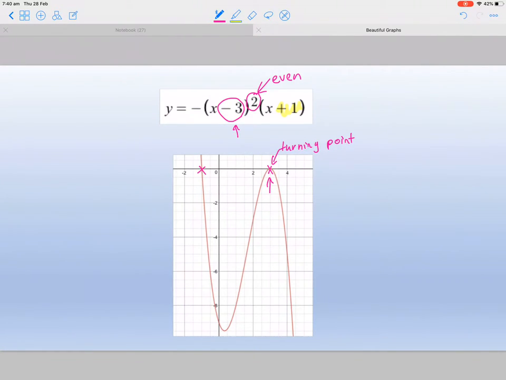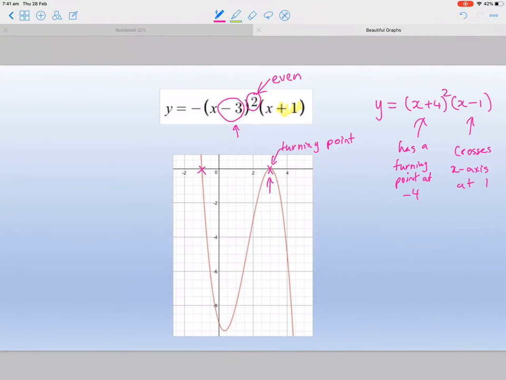So, say we had another one. I'll just make this up: (x+4) squared times (x-1). I know that this one crosses the x-axis at 1, and I know that this one has a turning point at -4.